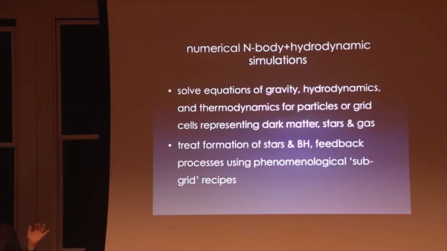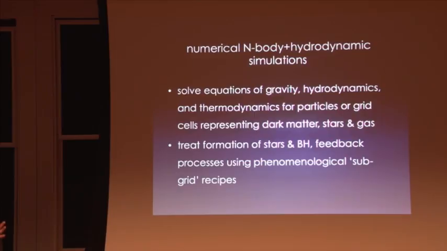Now, once again, we have a resolution. And below that resolution, we put in assumptions. We put in phenomenological recipes. So for example, in most cosmological simulations, the smoothing length, the spatial resolution, is around half a kiloparsec. Maybe a couple hundred parsecs if you're lucky.